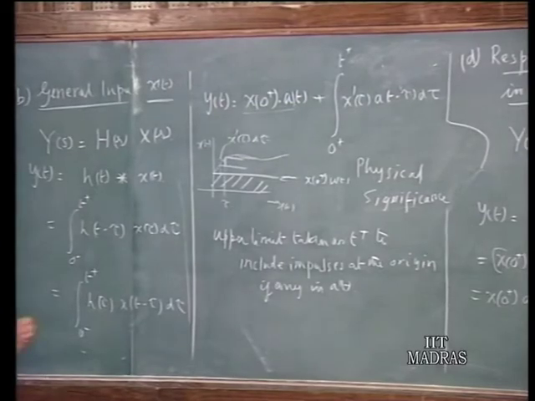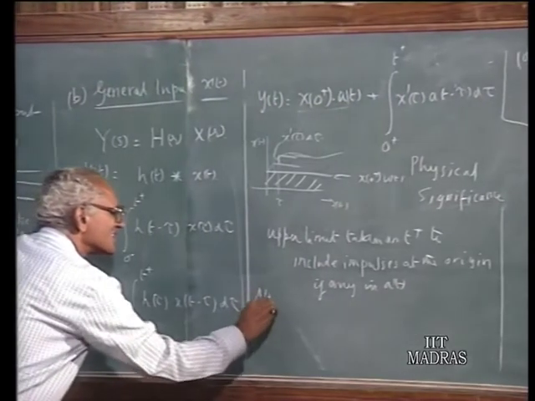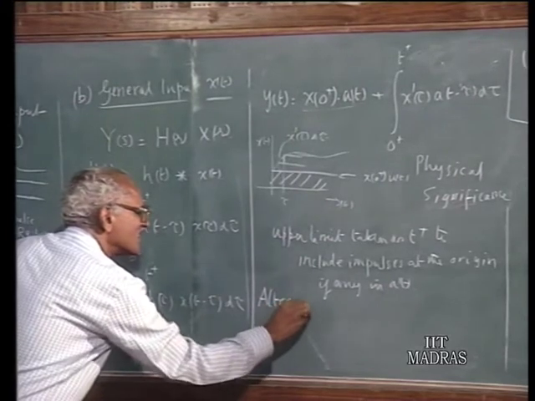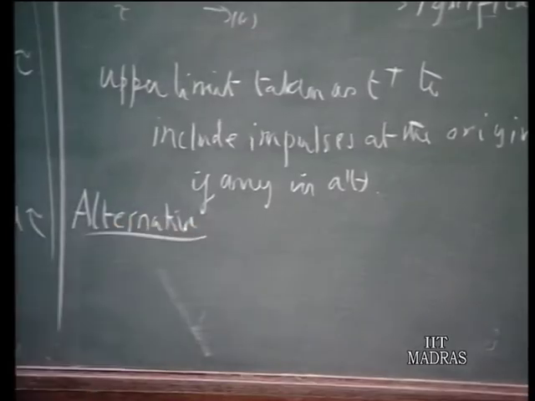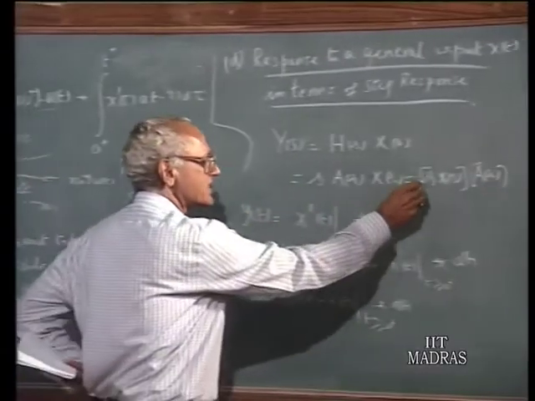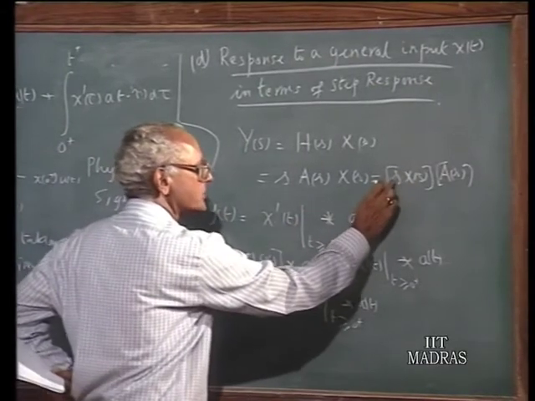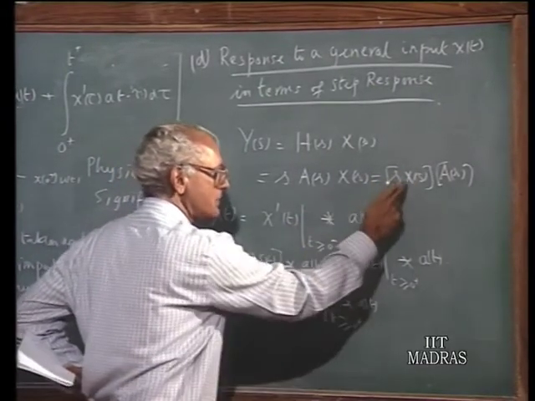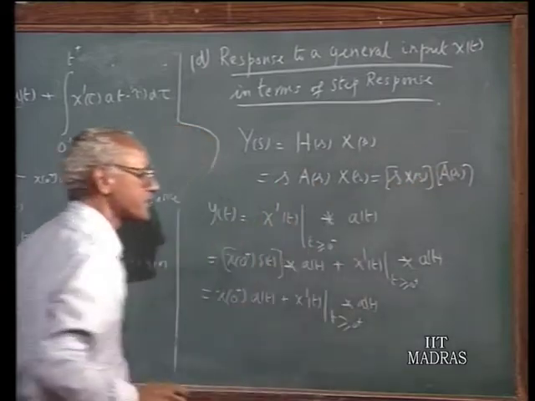An alternative version: after all, I associated this s with the x of s. I could have associated s with a of s instead of x. So that means I could have written x of s times s times a of s.